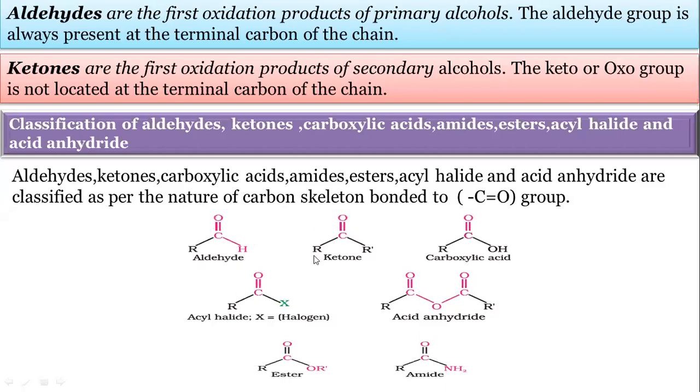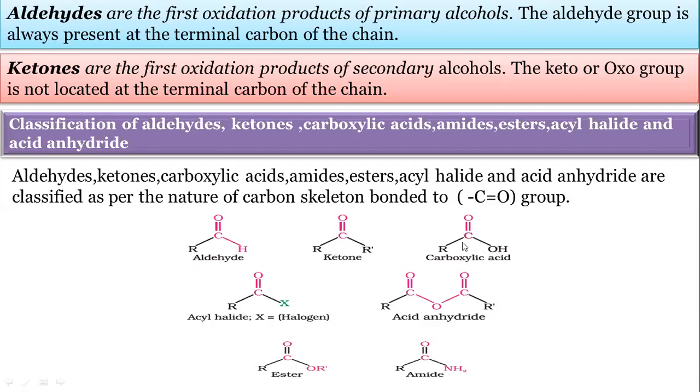This C=O may be bonded to R groups, which may be the same or different, or to aryl groups, meaning aromatic groups. So in aldehydes one hydrogen is compulsorily attached to the C=O group, but in ketones no hydrogen is attached. Both groups are R groups, or both may be aryl groups.